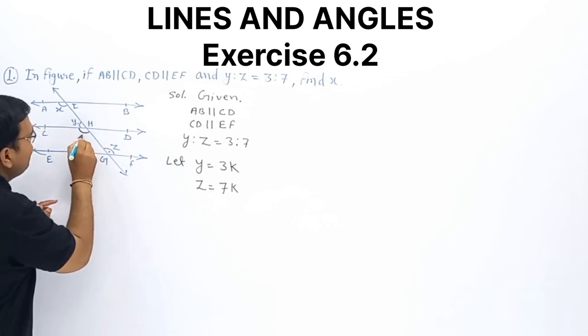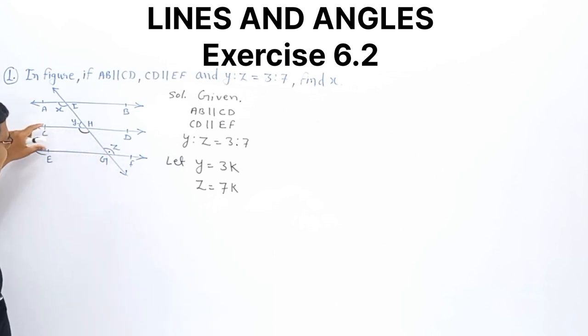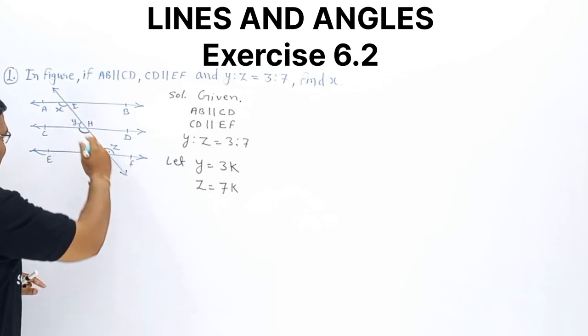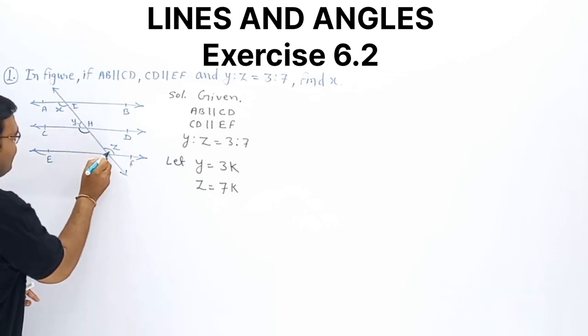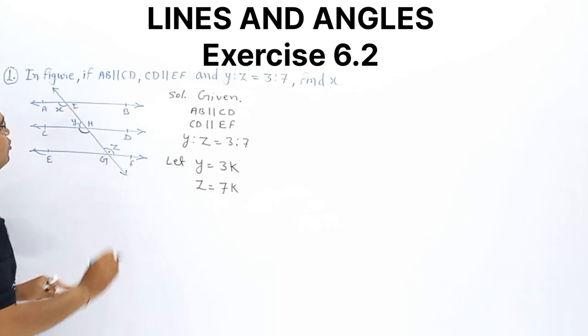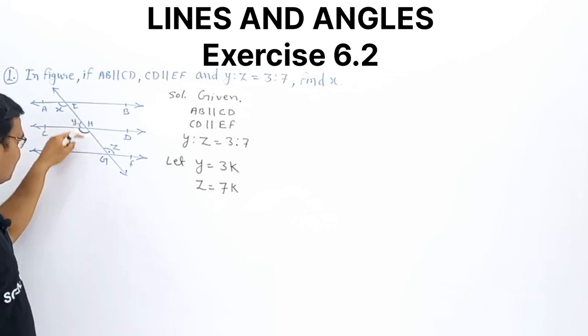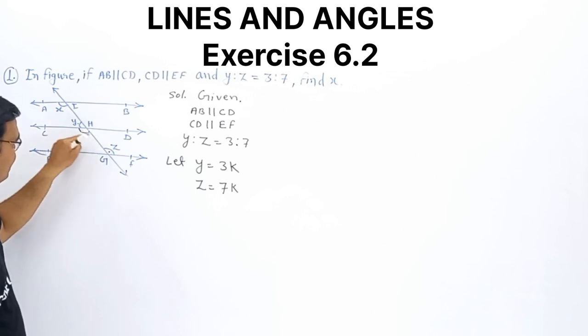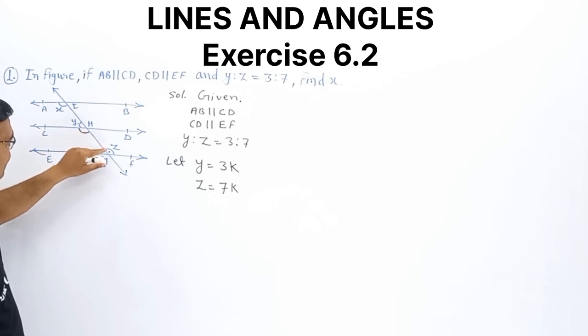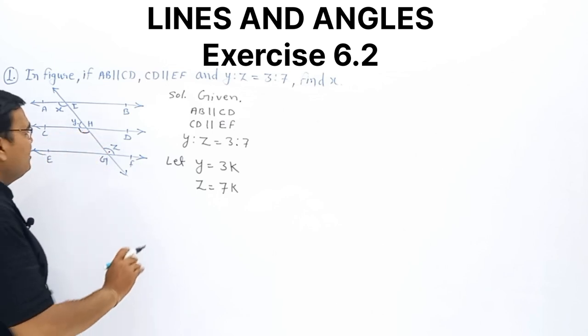This angle will be equal to this one. It means two lines are parallel. This is the transversal. It means this angle will be equal to this one. Why? Because both are what? Alternate interior angles. Both are alternate. This one and this one are alternate and they are in the interior. So we can say this angle will be equal to this one, which is an alternate interior angle.